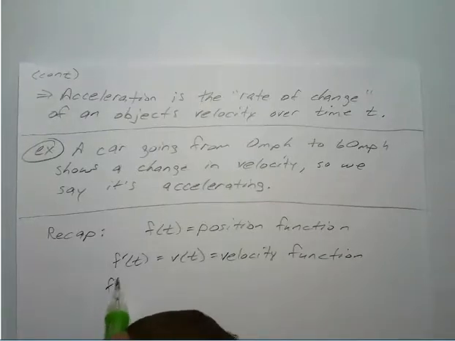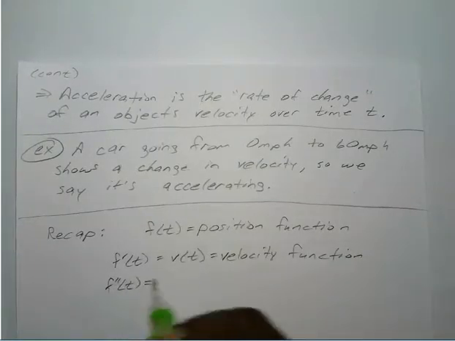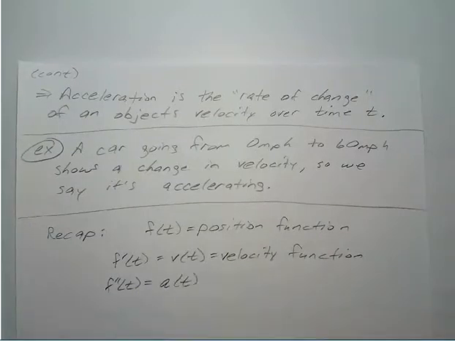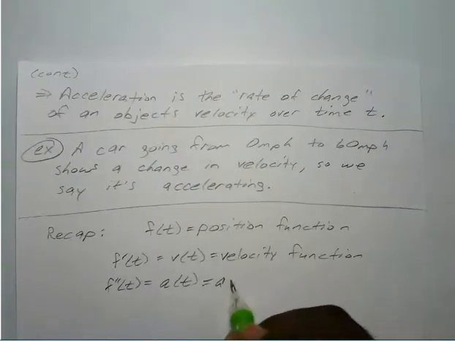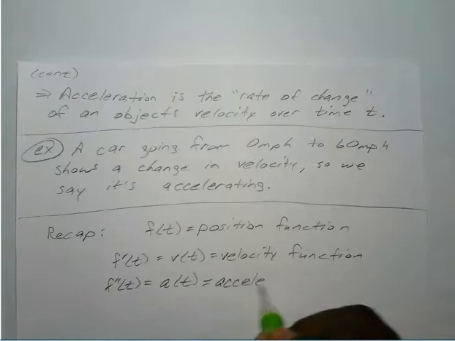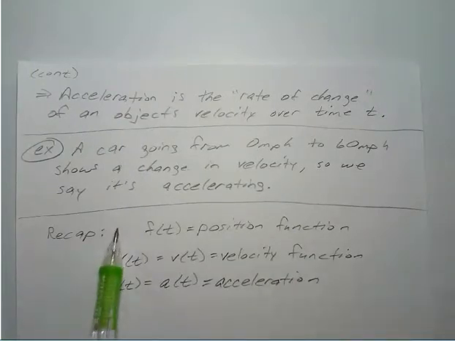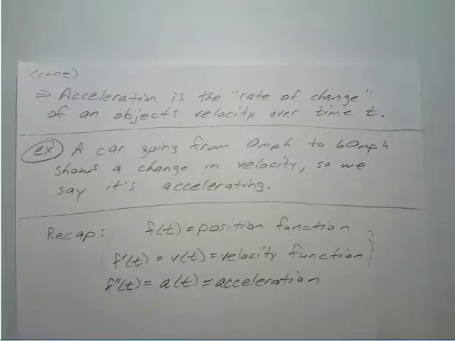And your second derivative is now known as your acceleration with respect to t, or your acceleration function. Basically these two are the recaps, and this is the new explanation of the acceleration function.